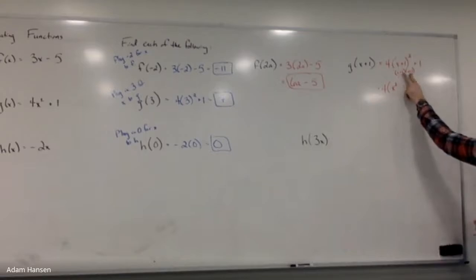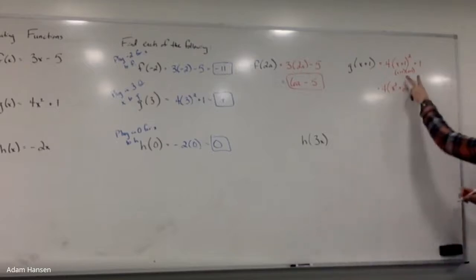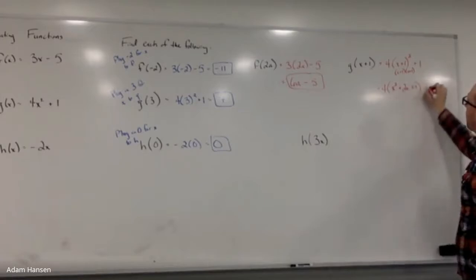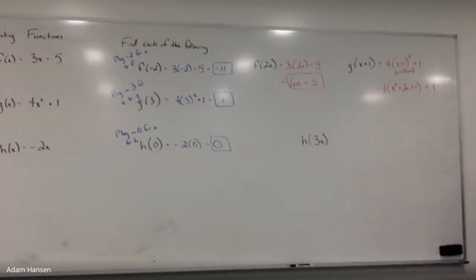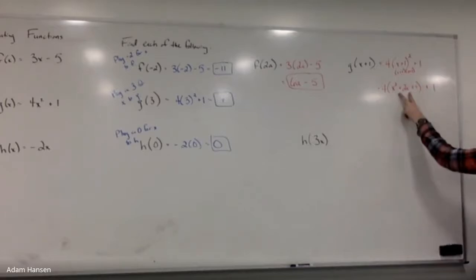An x and an x make 2x. 1 times 1 is 1. Bring down the plus 1 on the end. Multiply x plus 1 times x plus 1. That gave me x squared plus 2x plus 1.